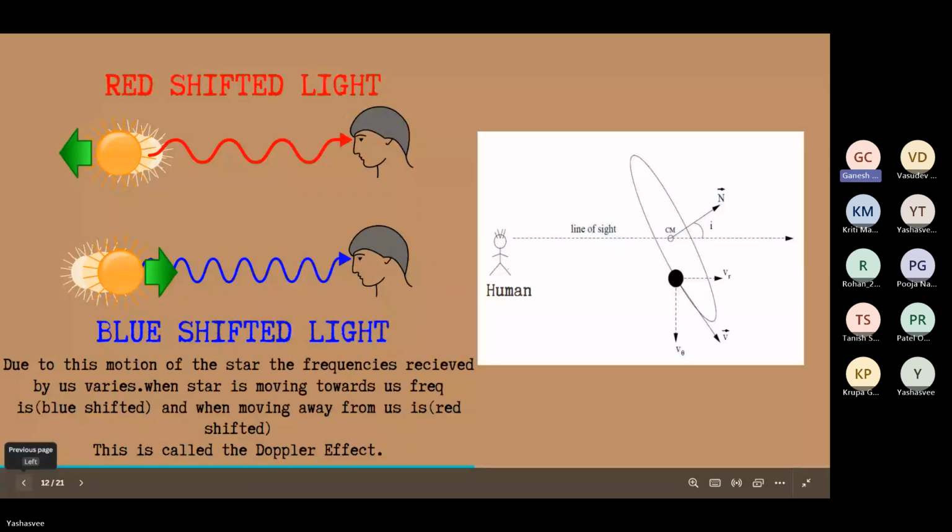Due to this wobbling motion, the frequencies received vary. When the star is moving towards the observer, it is blue shifted, and when the star is moving away from us, it is red shifted, which, if you may recall, is called the Doppler effect.